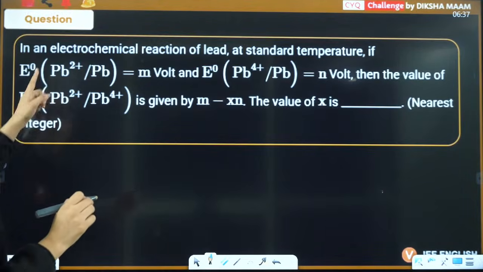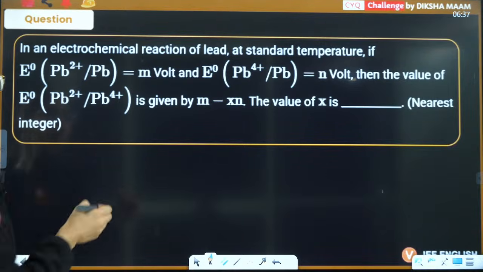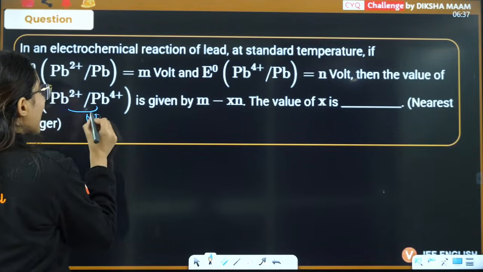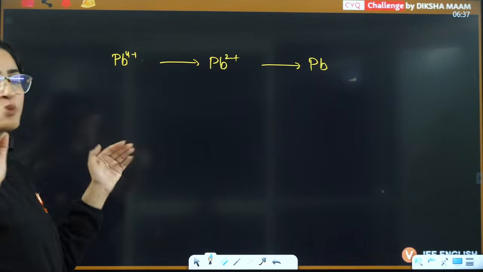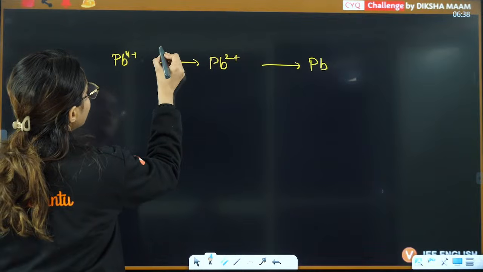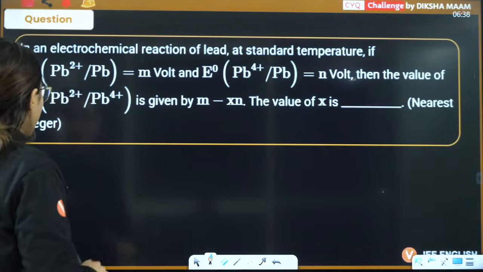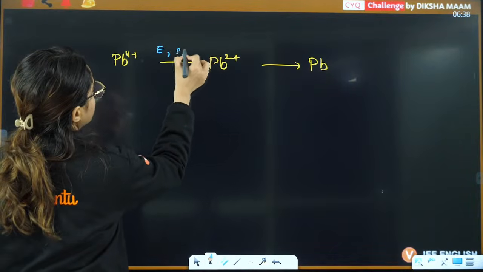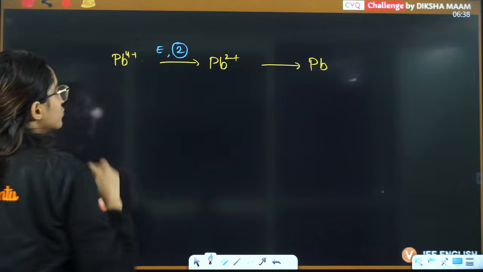Now they have given you Pb4 positive to this. This is oxidation potential, but I'll calculate the reduction potential first. Just focus on reduction potential. Oxidation potential is the opposite of that. This is what we have to calculate, take it as E. The number of electrons here will be 2. Mark it in this circle, that is 2.